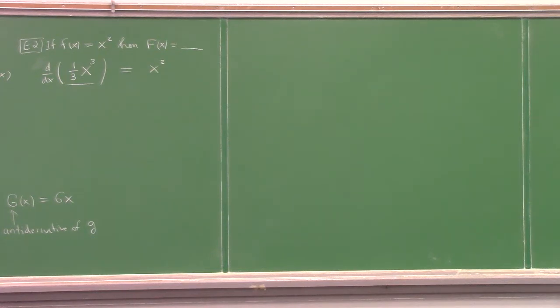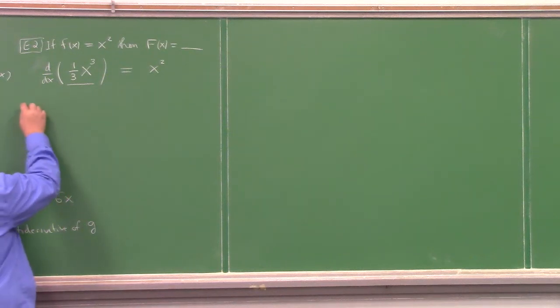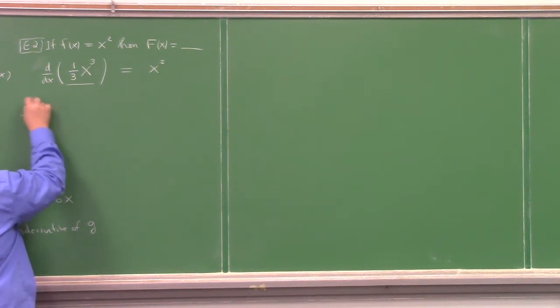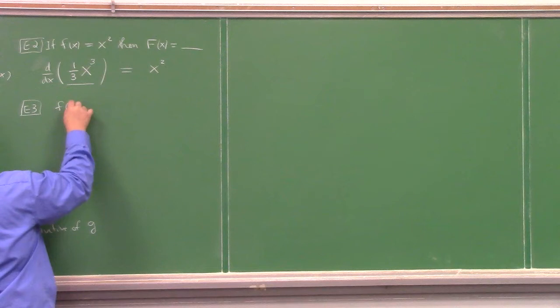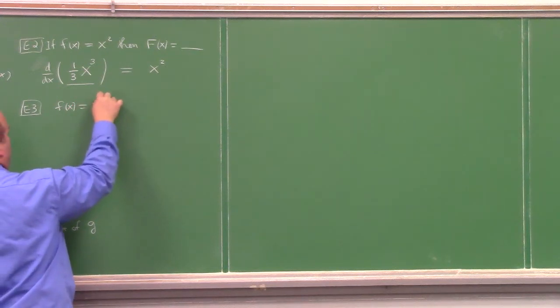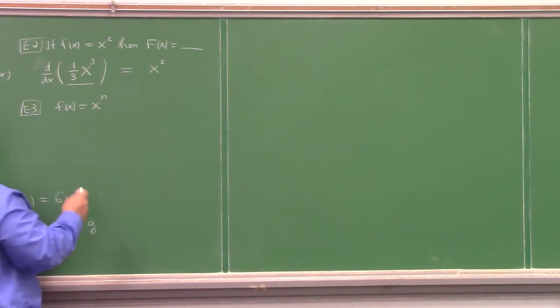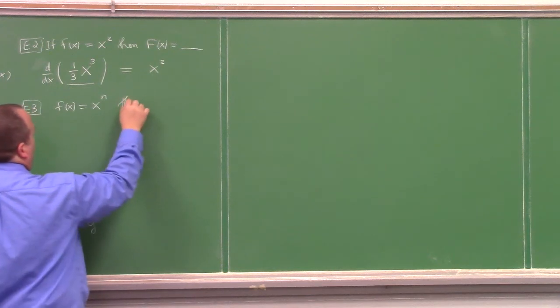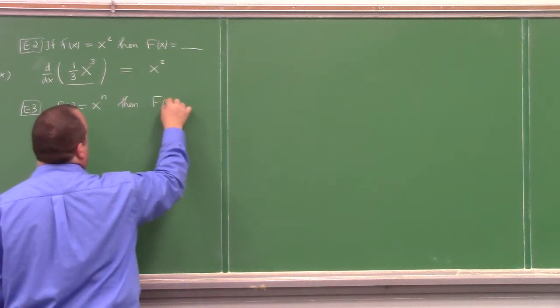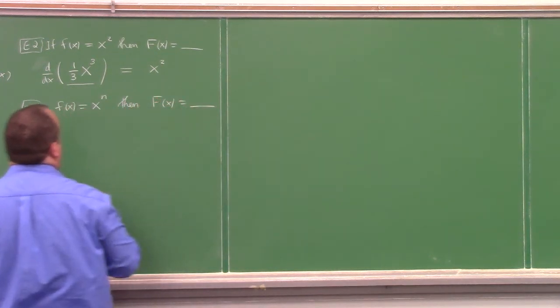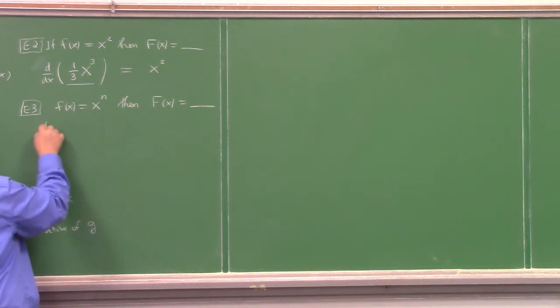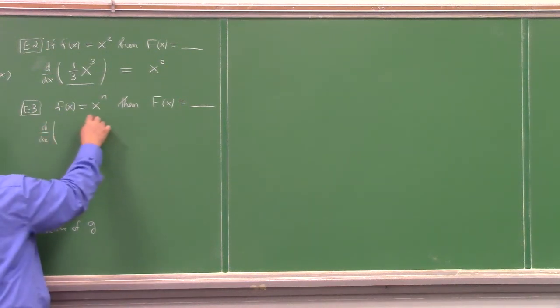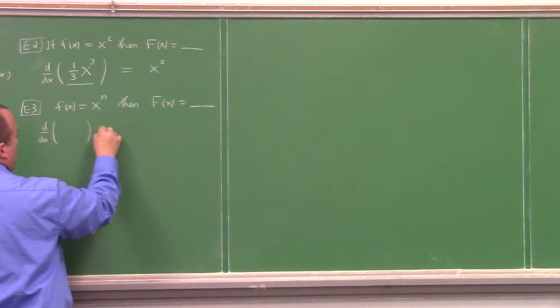We could generalize this, right? If we have f of x equals x to the power n, then what's the antiderivative going to be? We need d dx of something equal to x to the n.